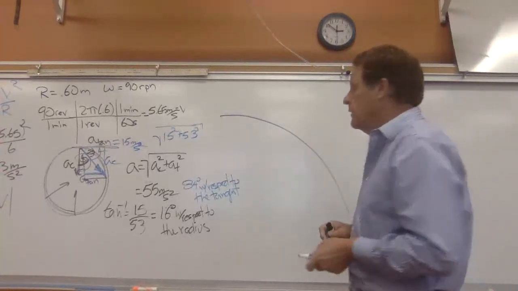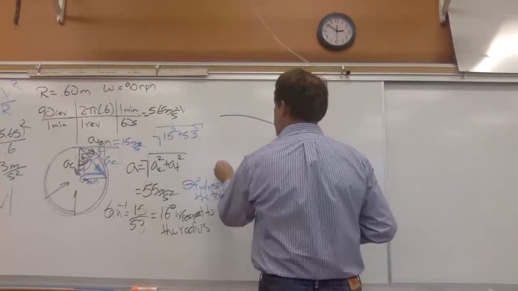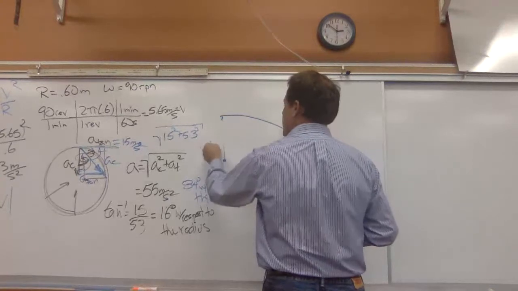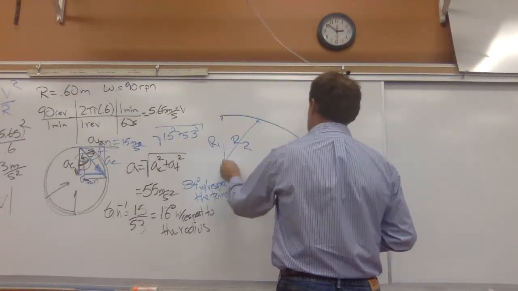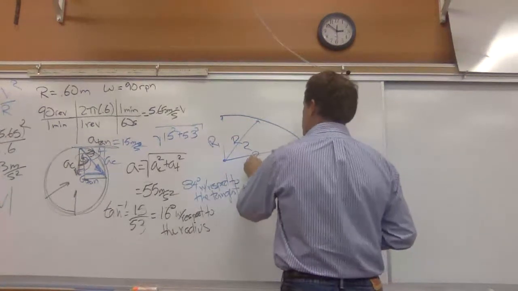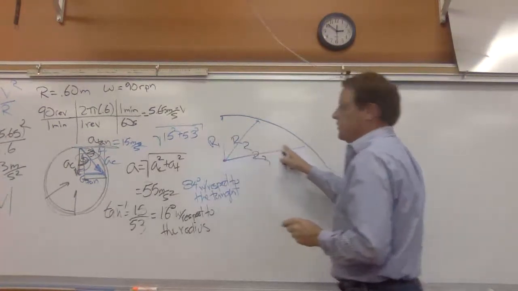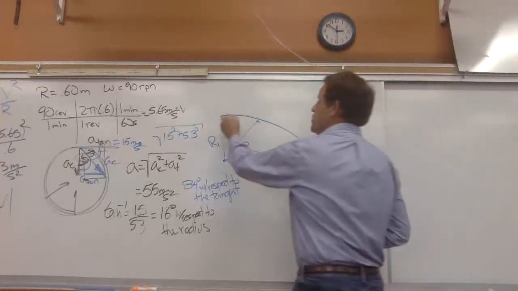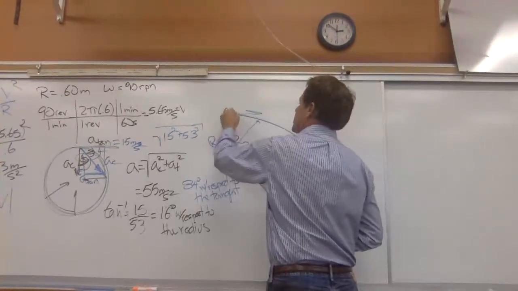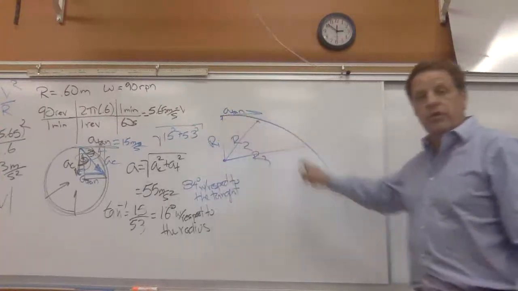So if we started out with this as radius 1, and then this is radius 2, and then that is radius 3, these radiuses keep getting bigger and bigger because tangentially there's an acceleration.